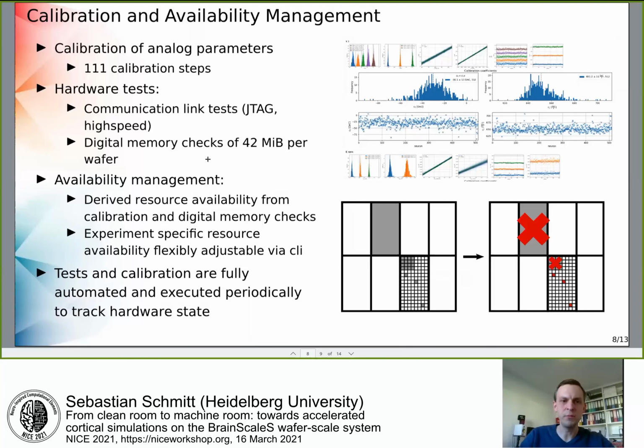And we also do digital memory tests. So we test all the bits, and this is about 42 megabit per wafer. And then we put all that in an availability management database so that we can individually flag certain chips or subcomponents to have a map of which components can be used for a network.